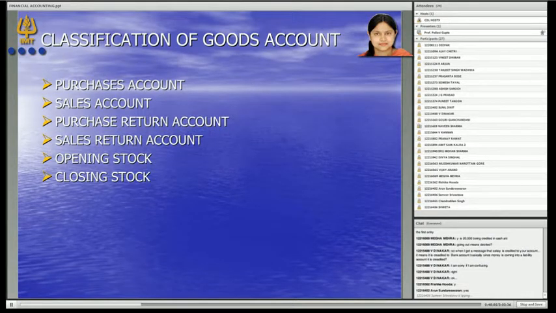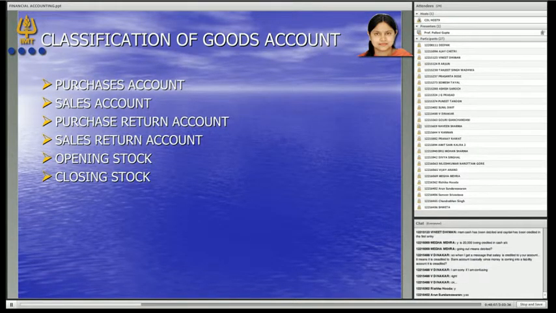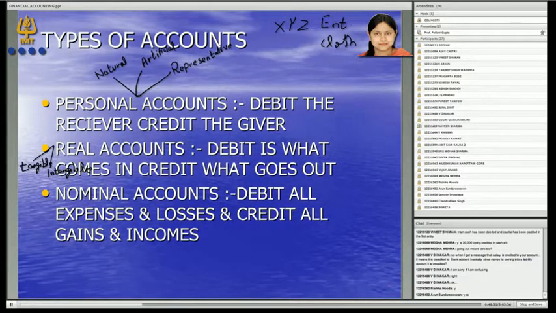When the goods are being purchased, we will use a purchase account. If they are sold, we will use a sales account. If the purchased goods are returned, we will use a purchase return account. If the sold goods are returned, we will use a sales return account. So for every type of transaction, we would be using a different type of account.